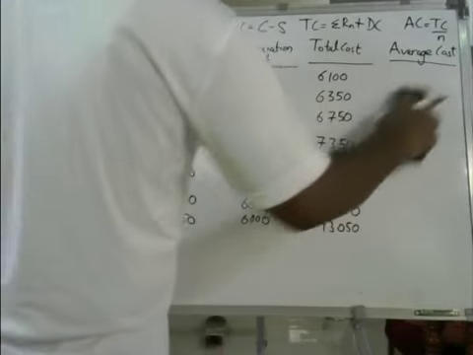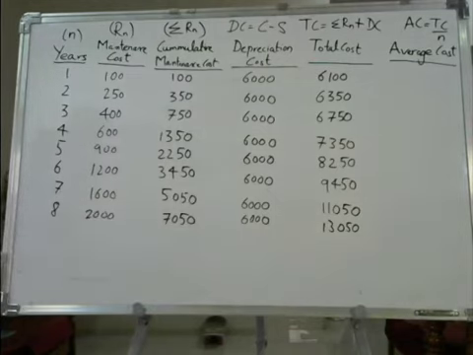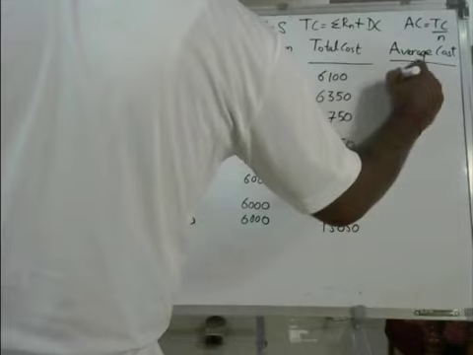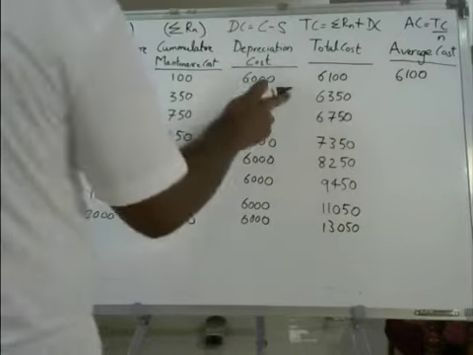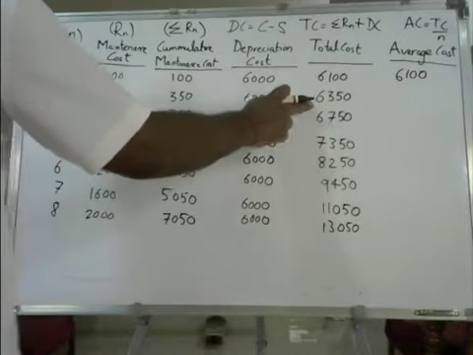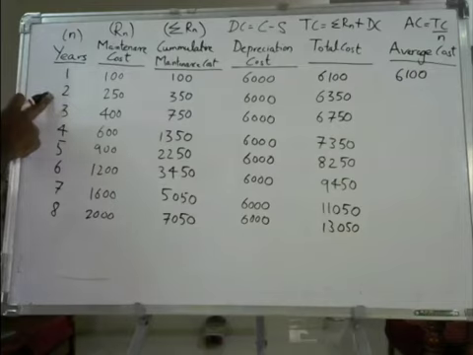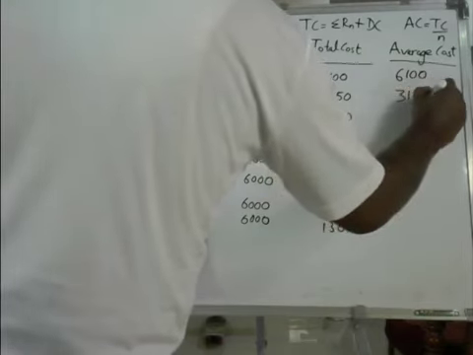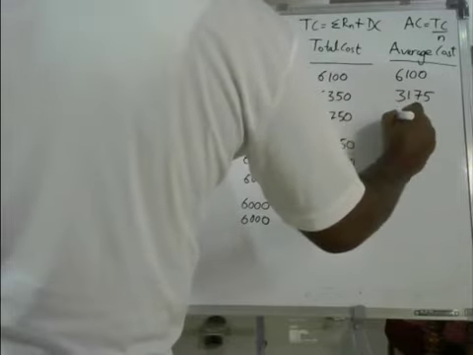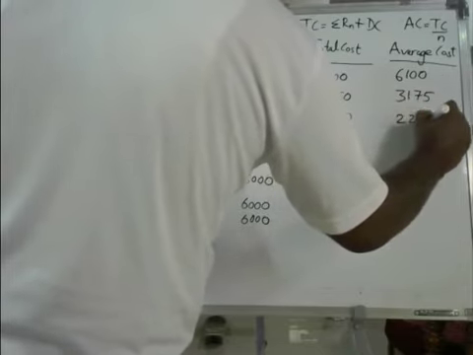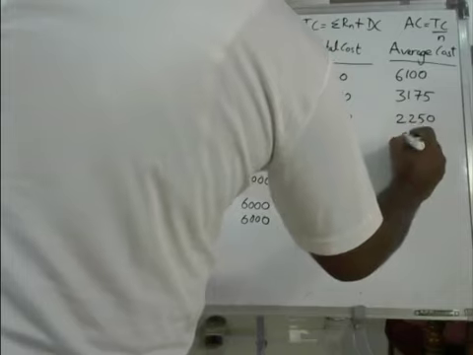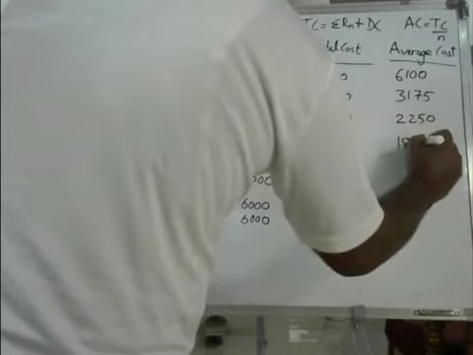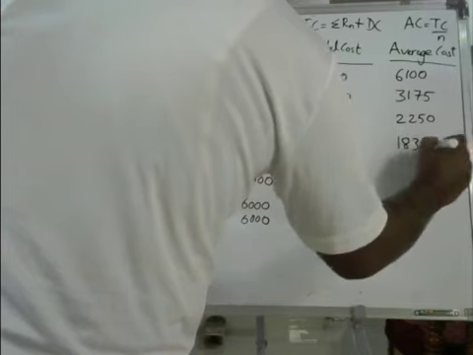average cost of maintenance. So here it is 6,000 divided by 1, that is 6,000. In the second year it is 6,350 divided by 2, it is 3,175. And the third year it is 2,250. For the fourth year it is 1837.5.